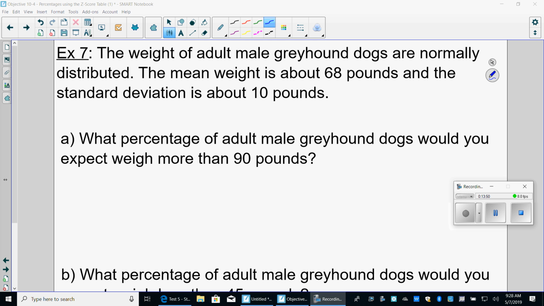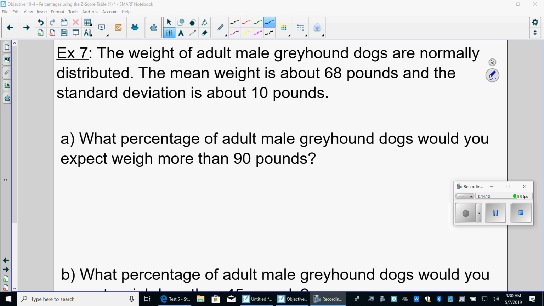The weight of an adult male greyhound dogs are normally distributed, and the mean weight is about 68 pounds and the standard deviation is about 10 pounds. What percentage of adult male greyhounds would you expect to weigh more than 90 pounds?